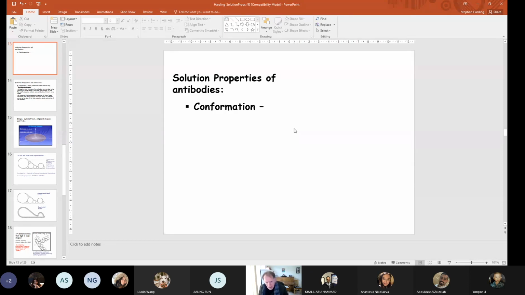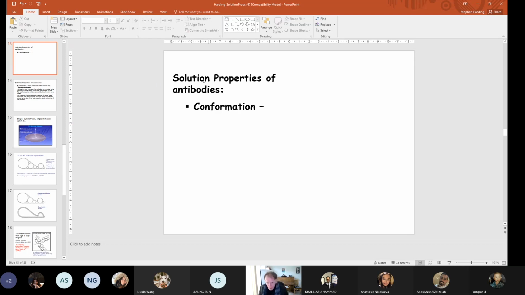So I'm going to show you now how we assess the conformation. It's more difficult to follow compared to the measurement of purity. I think that was quite straightforward to follow. But I'll take you through the steps so you can see how we can assess the conformation of an antibody molecule and some of the complications that we have to deal with.